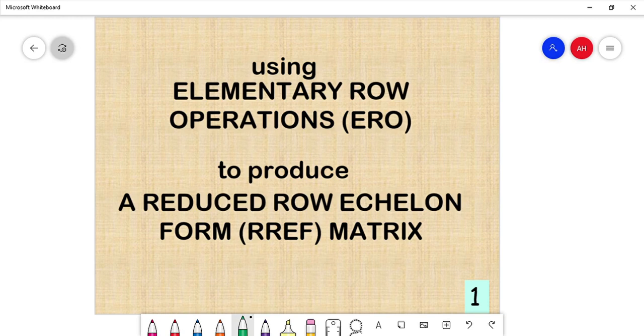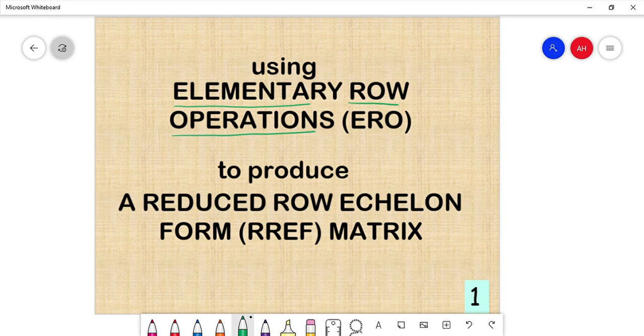This time we are going to do some operation on a particular matrix that we call elementary row operation, or simply ERO. E for elementary, R for row, and E for operation. We are going to use this operation to produce one particular type of matrix in the form of a reduced row echelon form, or the short form, RREF.